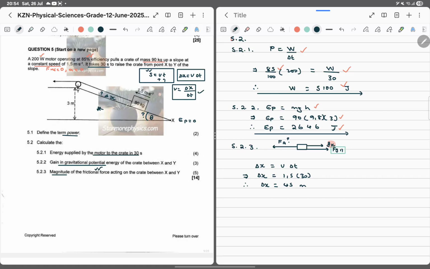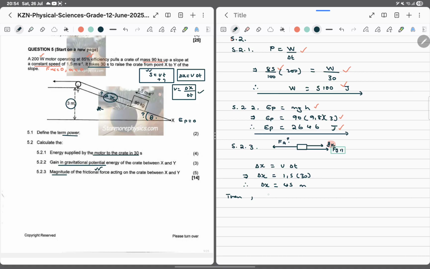Now that can help us because look, FG parallel is just sine theta. Sine theta is opposite over hypotenuse. So we don't even need this guy. We don't need to work out theta. Just that ratio is sine theta. Nice and easy. Okay, I think we are ready to answer this question.